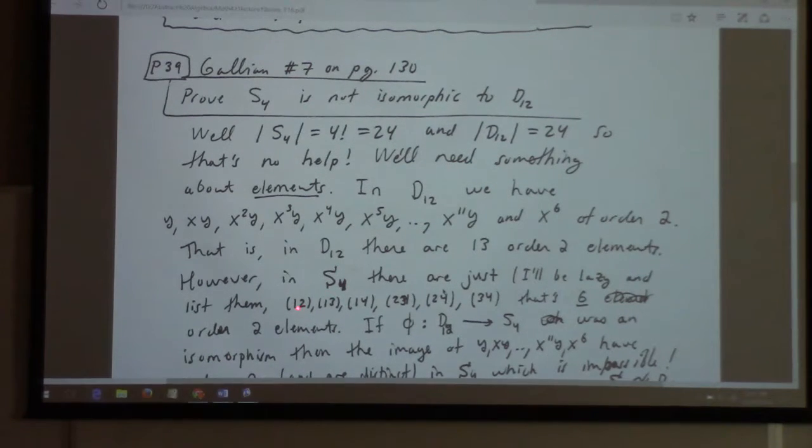But in S4, there are just the 6 transpositions as the only elements of order 2. If there was an isomorphism, you'd map the 13 elements of order 2 in D12 to 13 elements of order 2 in S4, but that's preposterous because there aren't 13 of them. So these can't be isomorphic, because isomorphisms preserve the order of elements.